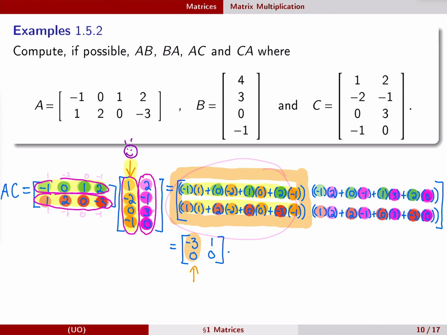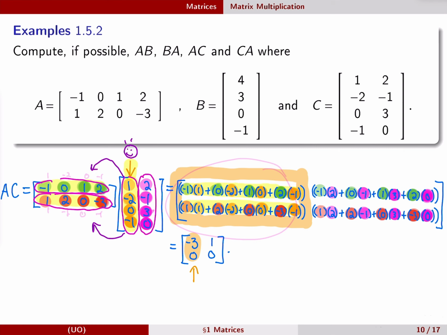And I have my 1 times 1 plus 2 times minus 2 plus 0 times 0 plus minus 3 times minus 1. And I took the time for that question to really color code all the entries so that you can see which numbers fall next to which one. Again, if you need to write these numbers, don't be shy.